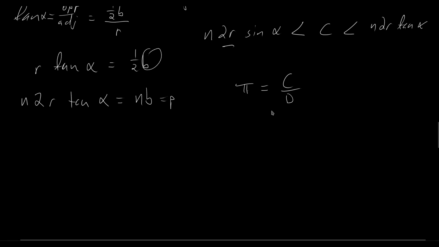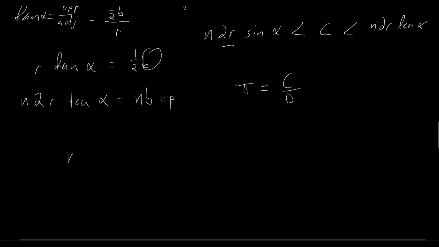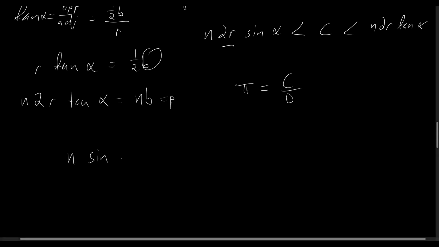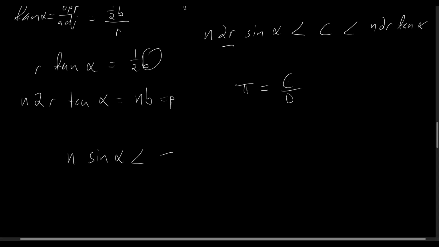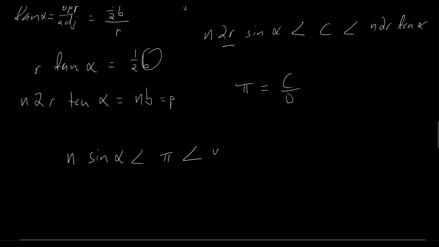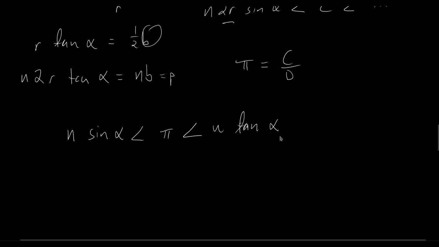So what we get here is a final formula: n sine alpha is less than c divided by d, so pi, is less than n tangent of alpha. Alright? So this is the formula we need to approximate pi.